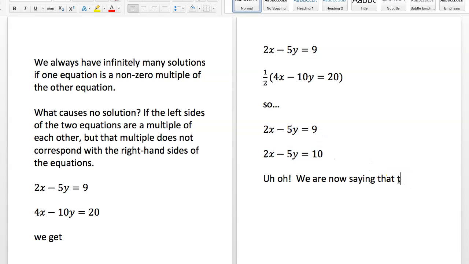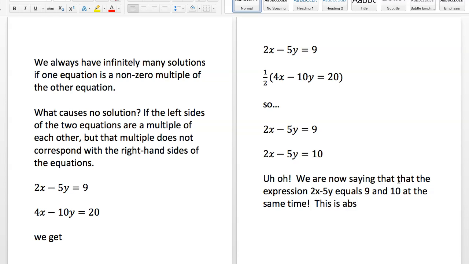We are saying that the expression 2x minus 5y equals 9 and 10 at the same time. This is absurd. No solution.